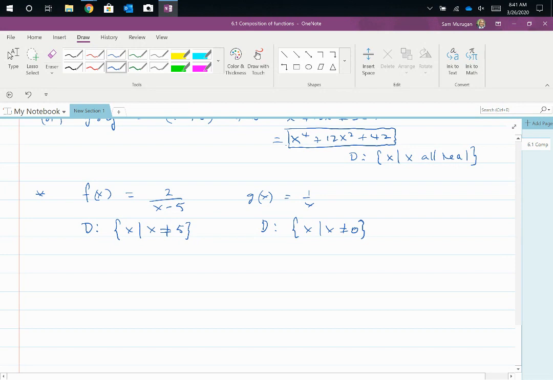So we want to go through the process here and look at a variety of compositions. F composed of G is the F function. We're going to leave x blank, and in place of x, we're going to substitute the G function, which is 1 over x.